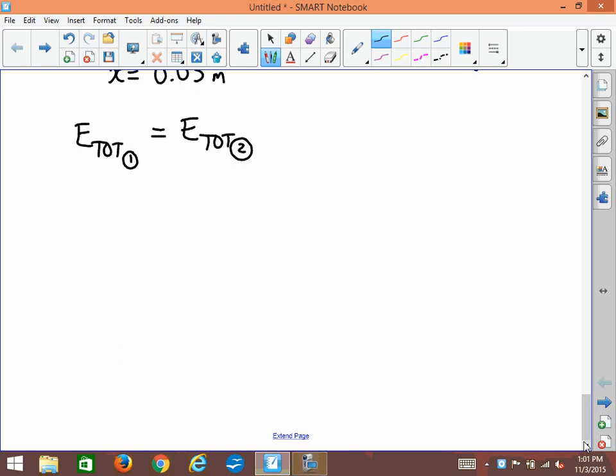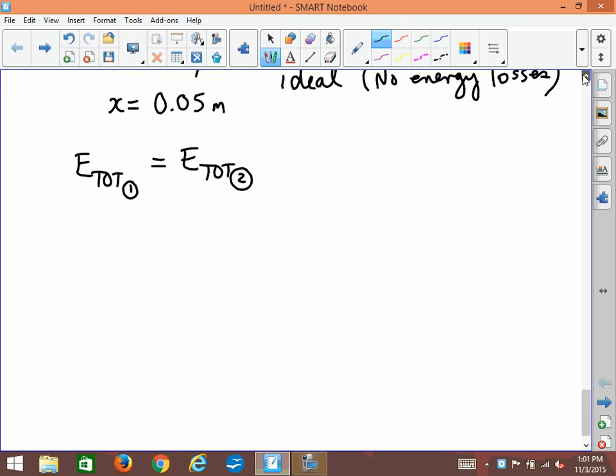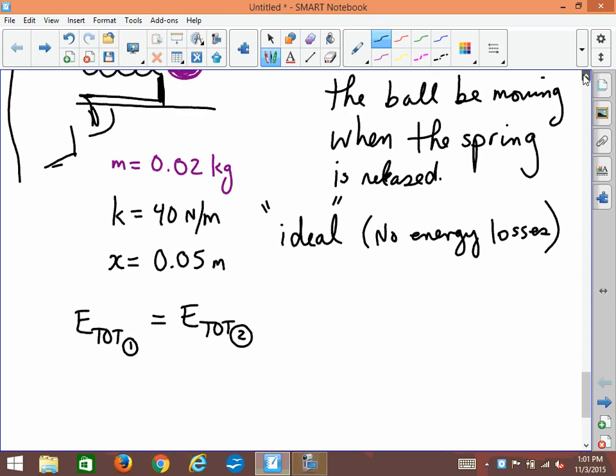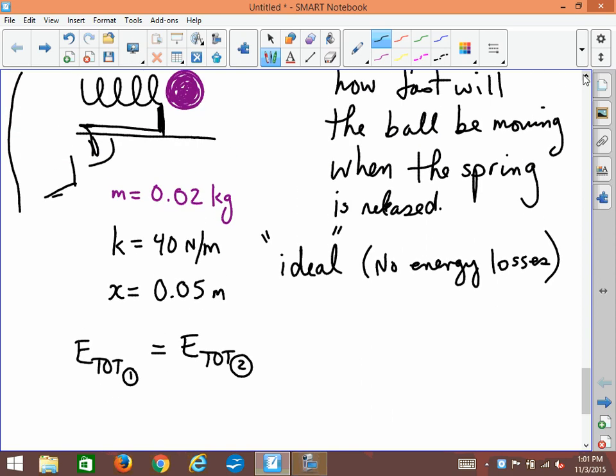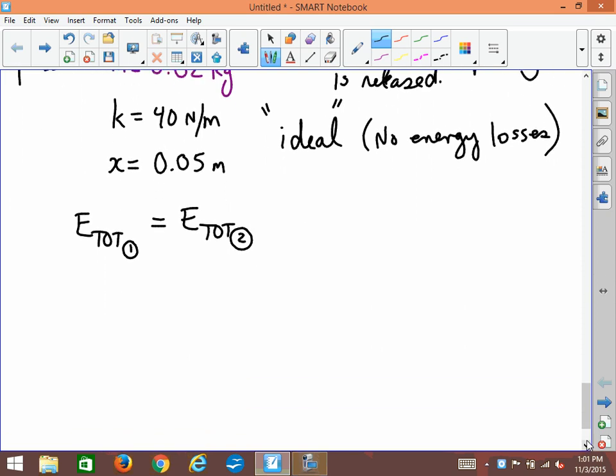So that would mean that at the beginning, we have the total energy, which is a spring that is compressed and waiting to move. Nothing is moving. So we can describe that total energy as the energy in the tight compressed spring. There's no kinetic energy, nothing's moving.